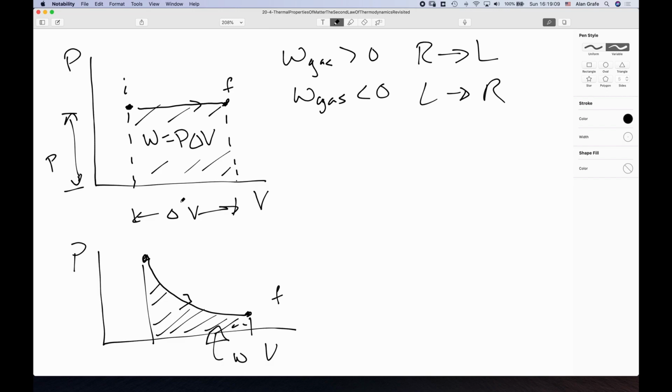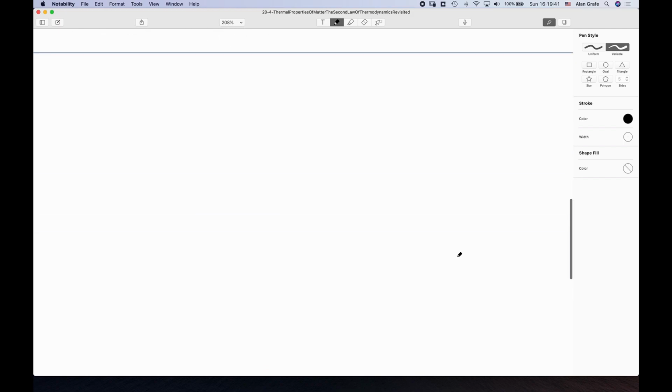You can argue this by the usual tricks, where you slice this up into a whole bunch of little thin segments, each of which has approximately constant pressure, and then imagine the slices getting ever thinner until you're just left with the area under the curve. Okay, so we'll keep that in our back pocket while we go on to thinking about the second law.